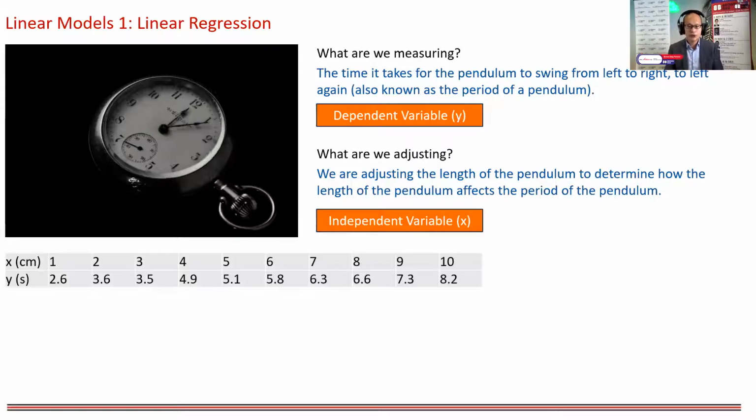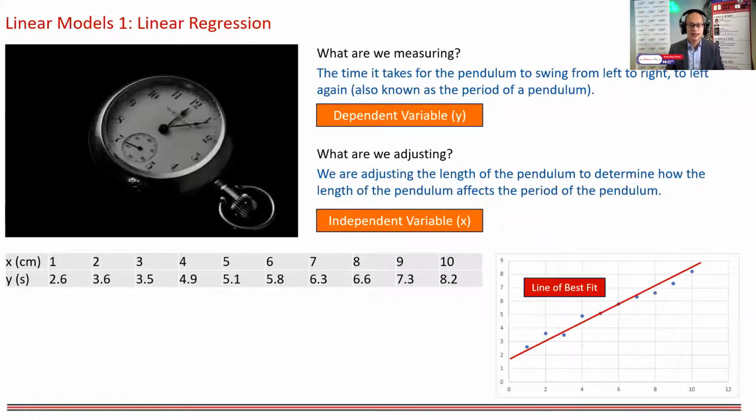So if you were to recall, you will be adjusting different lengths of pendulum. You see the table over there, in the first row we have X, which is my length of the pendulum. I'm adjusting 1 centimeter, 2 centimeters, 3. And when I adjust those lengths of pendulums, I will then measure what is the period of the pendulum. And that you see in the second row in the table over there. You will then plot a line graph and you will draw henceforth a line of best fit.